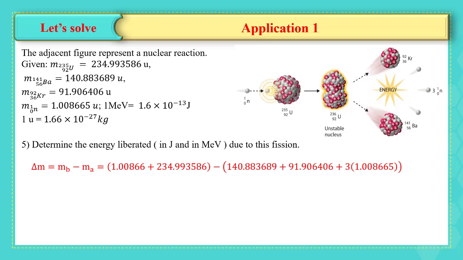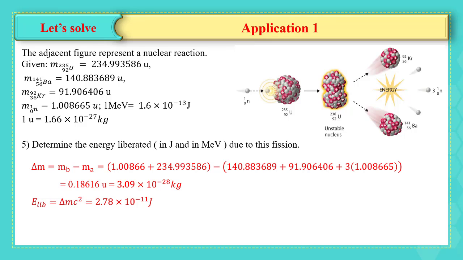We substitute the values and we get 0.18616 u. For sure, we have to convert this to kilogram by multiplying it by 1.66 times 10 power minus 27 kilogram. So we get 3.09 times 10 power minus 28 kilogram. The liberated energy is defined as the product of delta M times the square of the speed of light in vacuum.